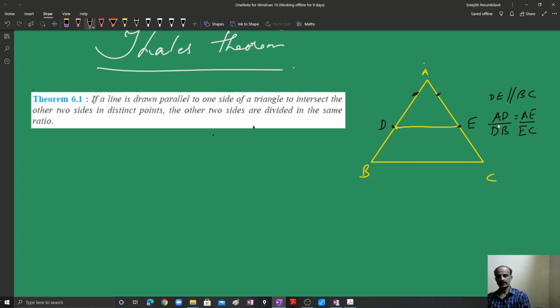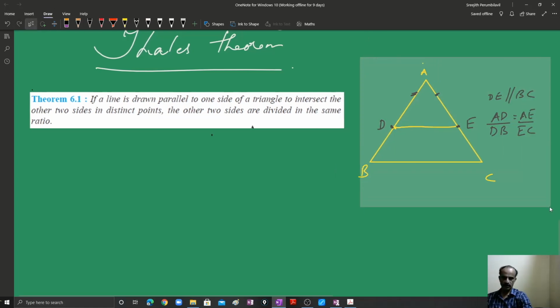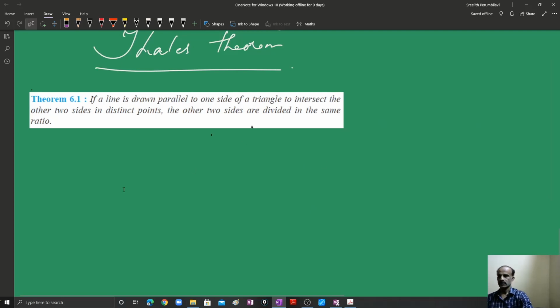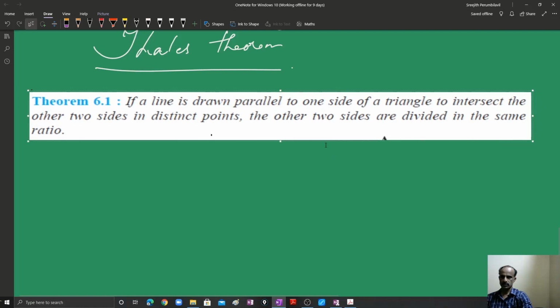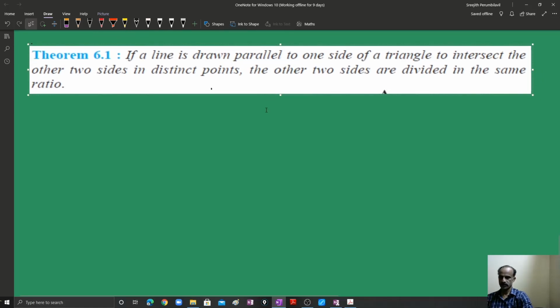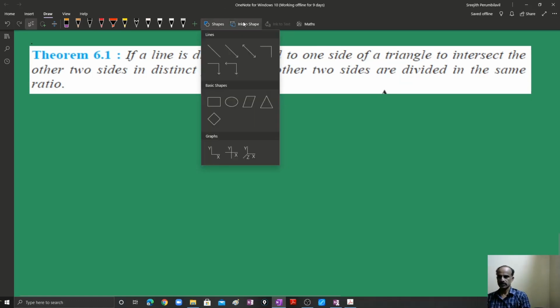When I draw a triangle like this, it looks like an equilateral triangle, so it is quite evident that the ratios should be the same. But if I change the figure a little bit, things will be different. So the theorem says: if a line is drawn parallel to one side of a triangle to intersect the other two sides at distinct points, then the other two sides are divided in the same ratio.